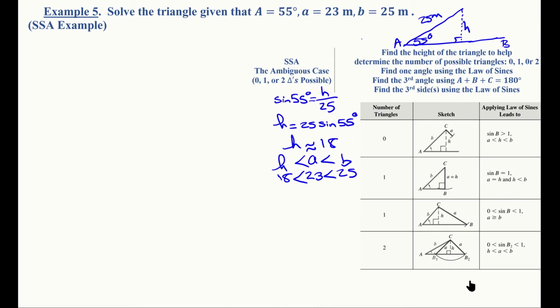As far as solving it, we're going to apply the law of sines. So sine A over a equals sine B over b. For sine A, we're just going to put sine of 55 degrees over a, which we don't know yet, it's 23.